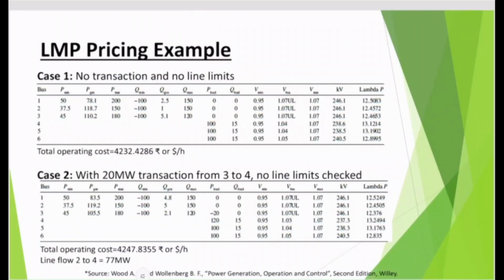In that case, the last column shows the lambda at different buses: bus number 1, 2, 3, 4, 5, 6. So what does it mean? For example, 13.1902 is the LMP at bus number 5.